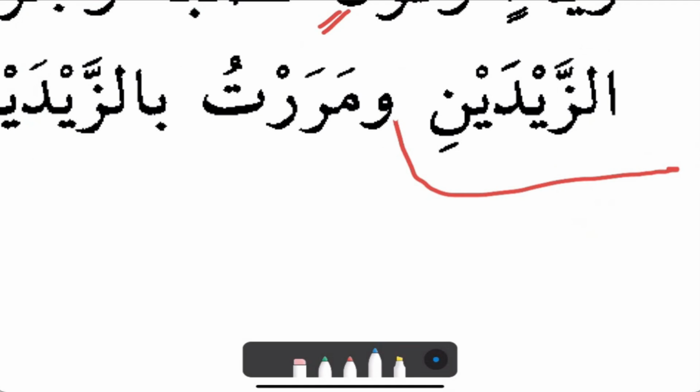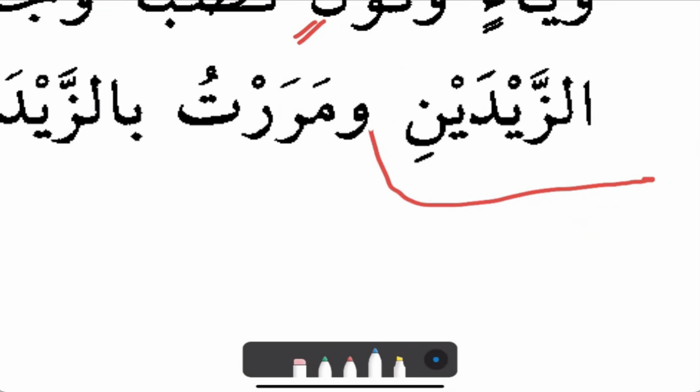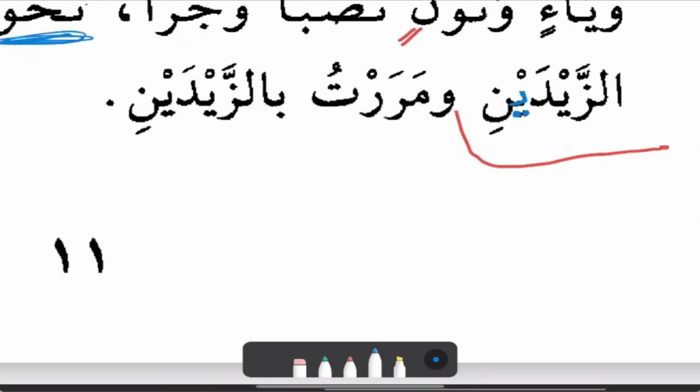Because maf'ulun bihi. Wa alamatu nasbihi. Why? لأنه مثنى, because it's dual. والنون عوض عن التنوين في المفرد, and the noon is a replacement for the tanween that's in the singular form.